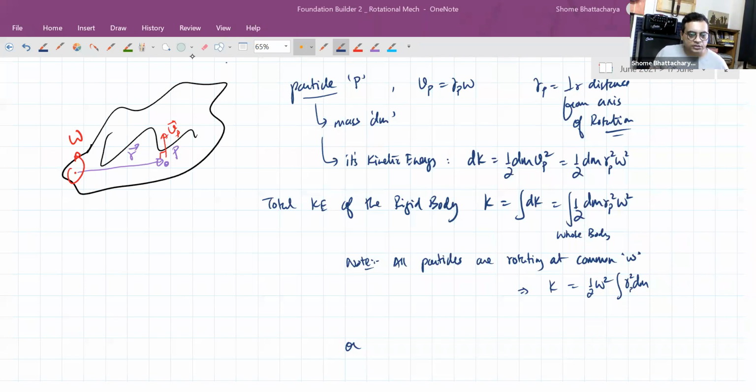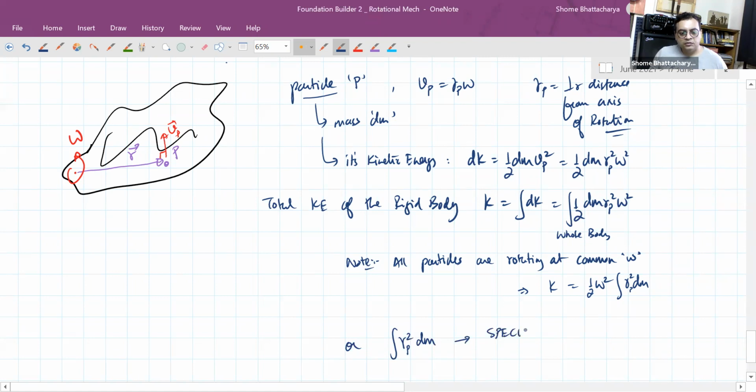Yeah, so now what we'll see here is that this quantity, integration of r square dm, is a special physical quantity, or you can say physical property of the body, and we call it moment of inertia.